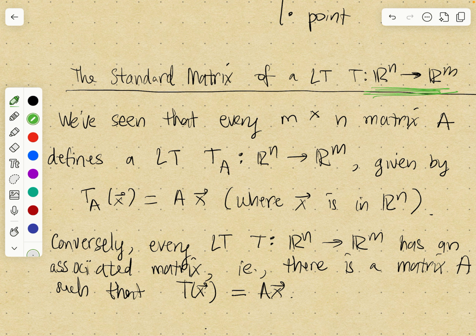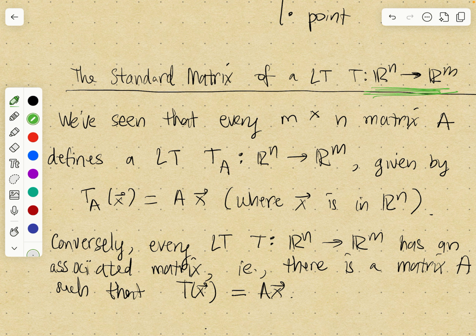Now when you have such a linear transformation, which we haven't talked about yet but hopefully we will, there will not be a standard matrix of that linear transformation. So this relationship between linear transformations and matrices is only for linear transformations where the domain is Rn and the codomain is Rm.